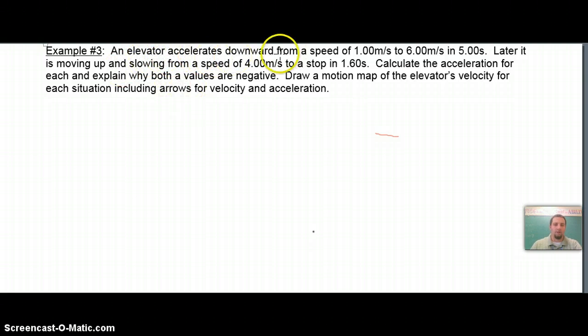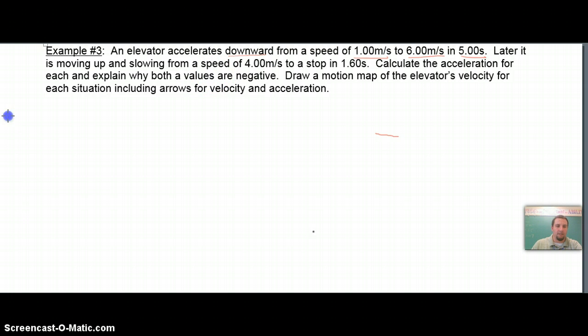An elevator accelerates downward, so we're accelerating downward, from a speed of 1 meter per second to 6 meters per second in 5 seconds. Okay, so that's situation 1. So let's write down our givens for situation 1 here. One thing to note is that since it's moving downward, we have a negative velocity.